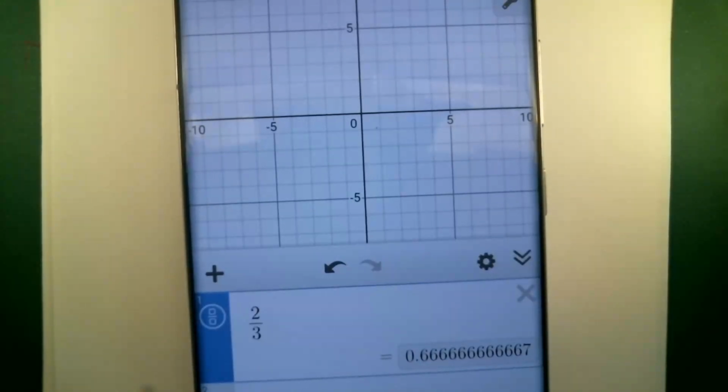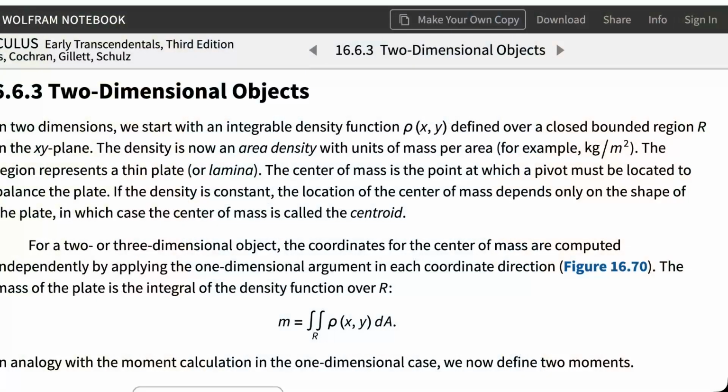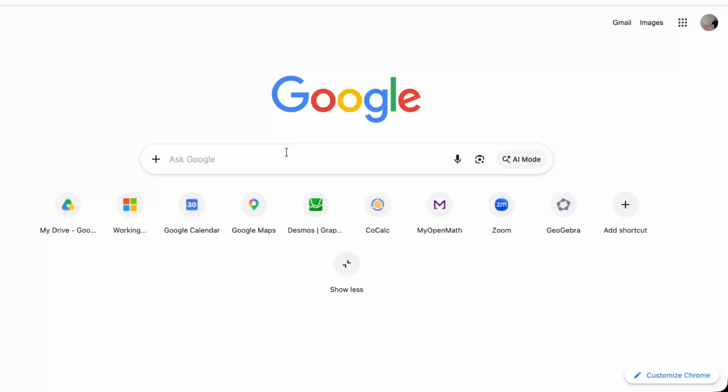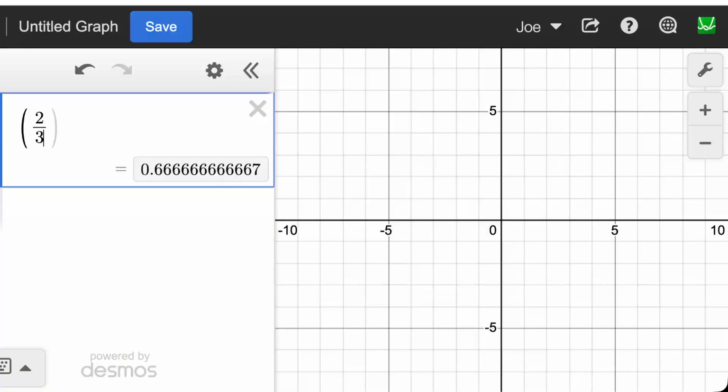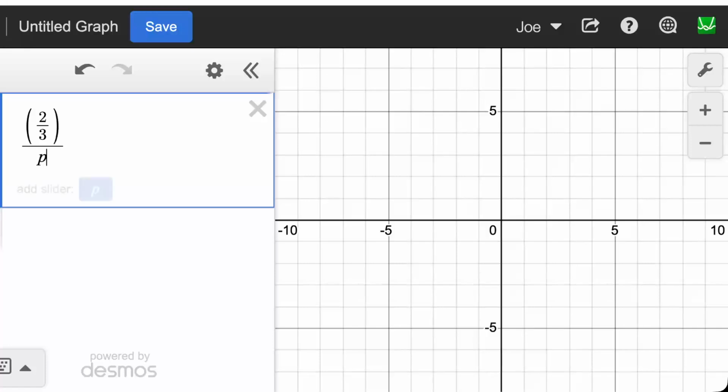Hold on. Let's go over to here, Desmos. Okay. So now I want 2 divided by 3 first, and then we're dividing that by pi over 2.